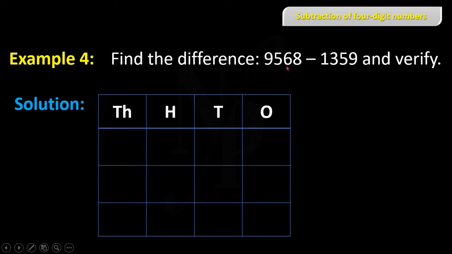When the question is given like this, that is, find the difference, and the numbers are given with minus sign, and that here 1359 should be subtracted from 9568. Therefore 9568 should be written in the first row or in the first line here.